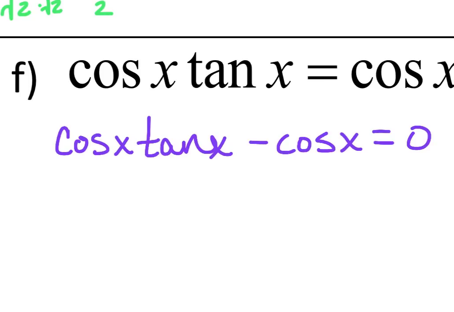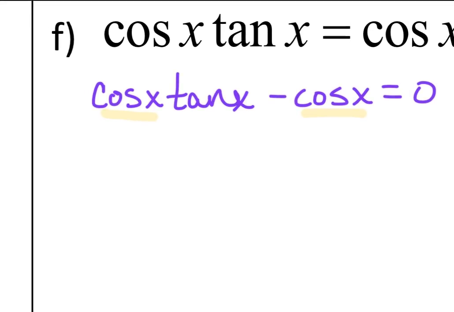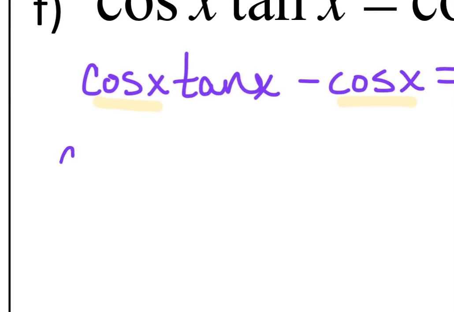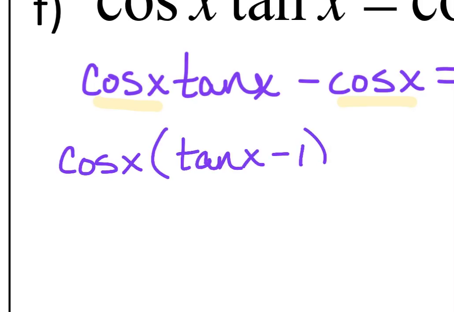And now you should notice that you've got a cosine of x in both terms, and so you're going to factor that out as a GCF. And so that's going to give you cosine of x times tangent of x minus 1 equals 0.